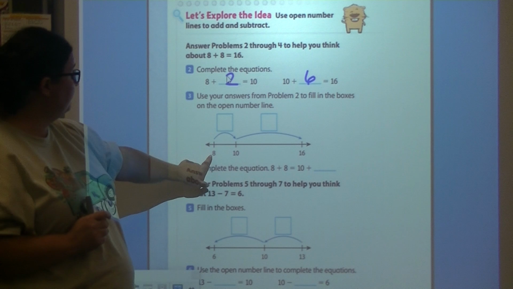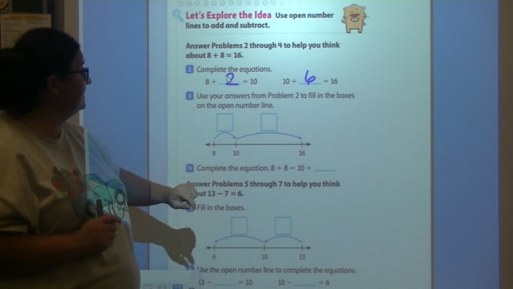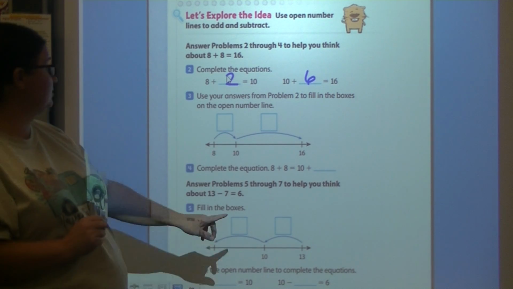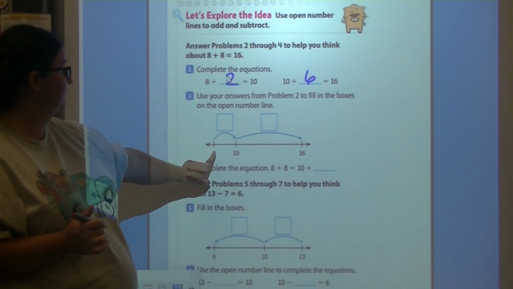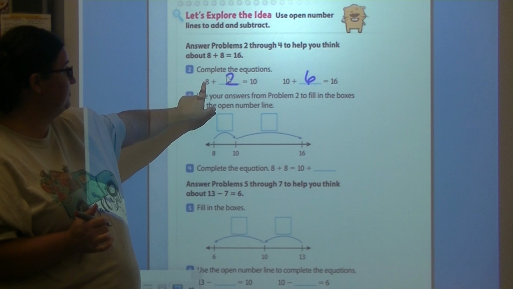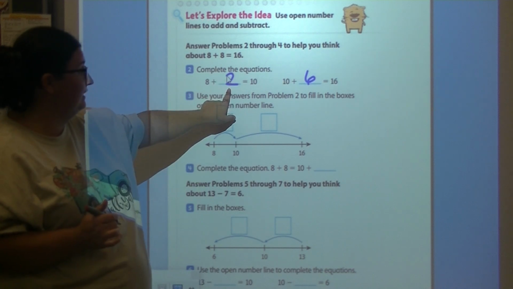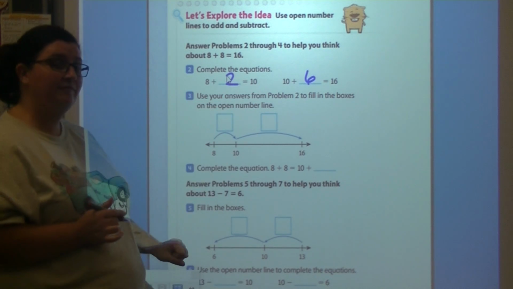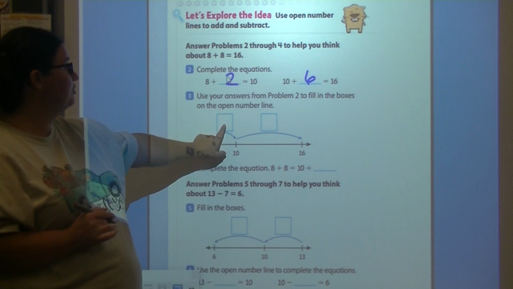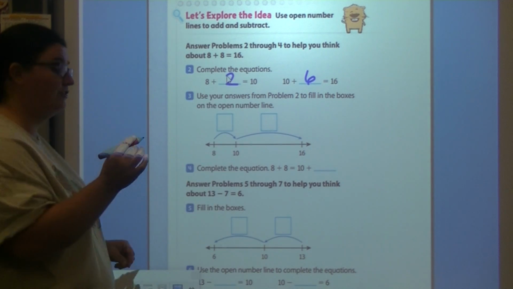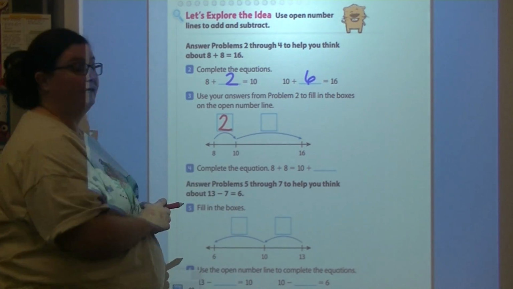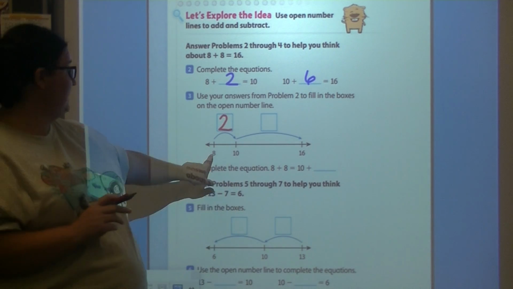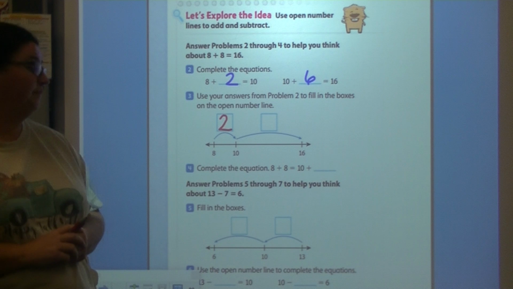Okay, so to go from 8 to 10, how many times would we hop or jump? Our problem says 8 plus what equals 10? 2. So we would fill in 2. You would jump 2 times on the number line to go from 8 to 10.